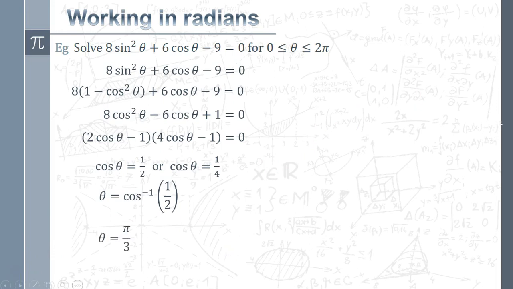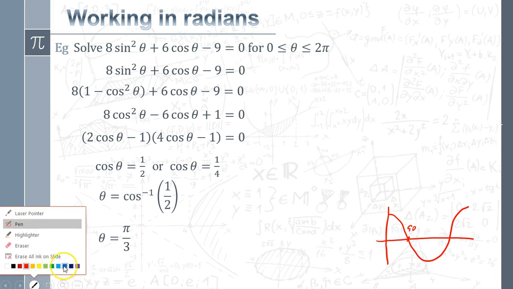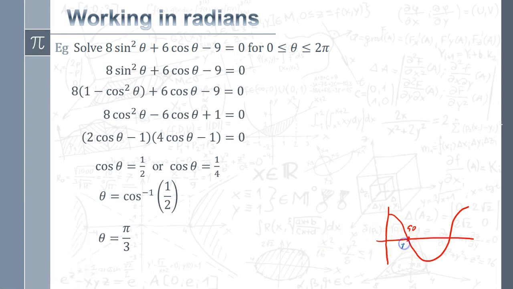Now, we need to figure out what the other angle is. And I'm just going to do a bit of scribbling over here. Some of you might be CAST people. I'm a person who likes to draw the cos curve and have a think. So here's my cos curve as per normal. All I'm doing different is saying, well, that value there that was 90 degrees, I'm going to do it in a different colour. Now that value there, that's pi over 2.